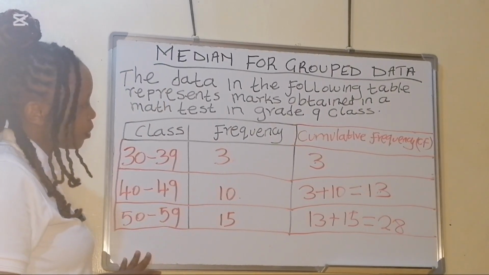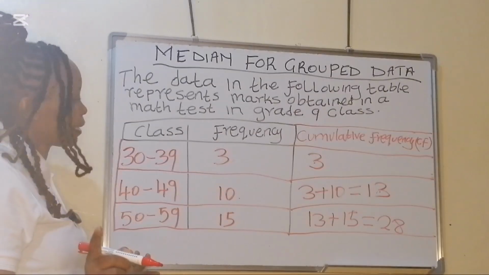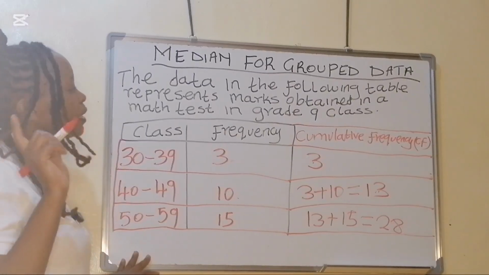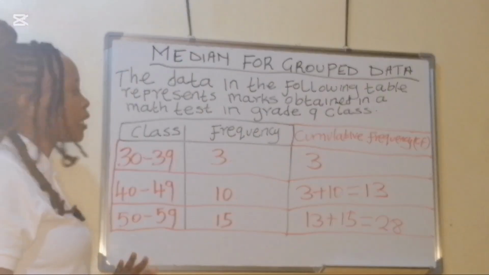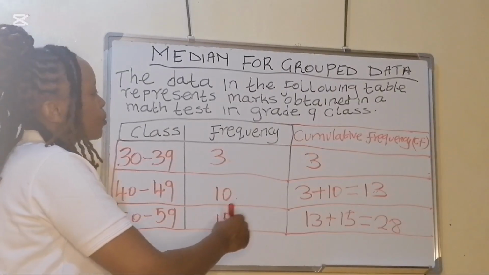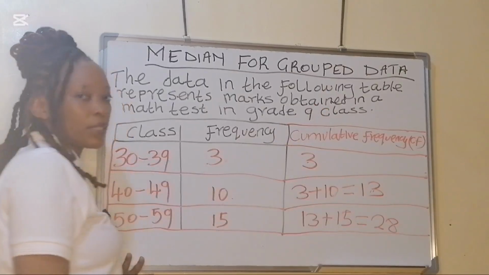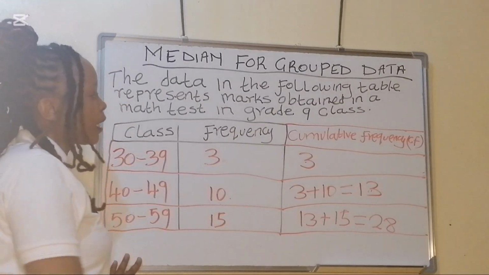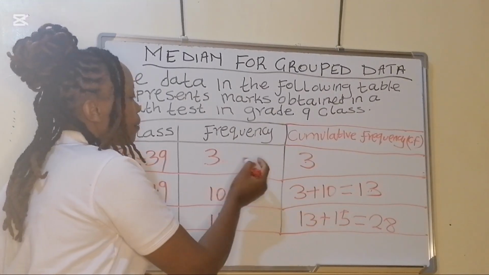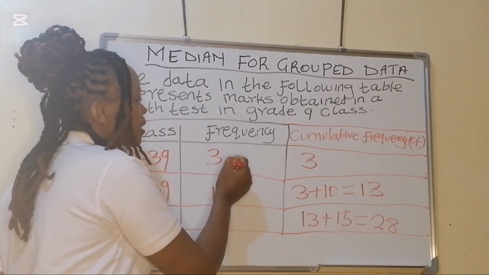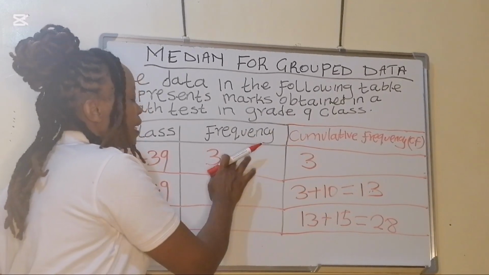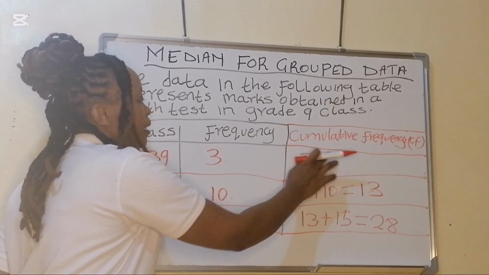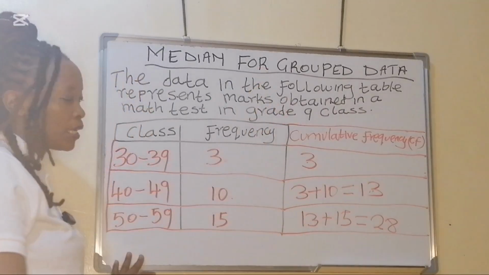So, what am I saying? Let me repeat again. When you are calculating cumulative frequency, you use frequency. The first one, you write the way it is. If here is 3, you write 3, exactly the way it is in the cumulative frequency column.